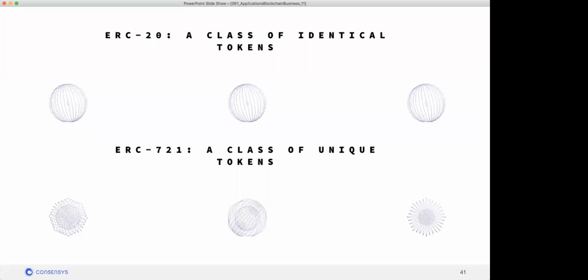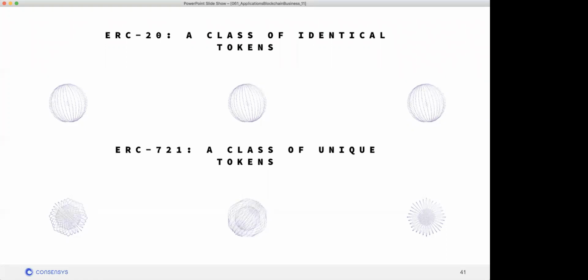So ERC20 tokens are fungible tokens. Fungible means that they're all the same. You can look at the diagram here, and across the top, each of them is identical. ERC 721 is a non-fungible token system, and it means that each of these tokens, each of these coins, as it were, is different.